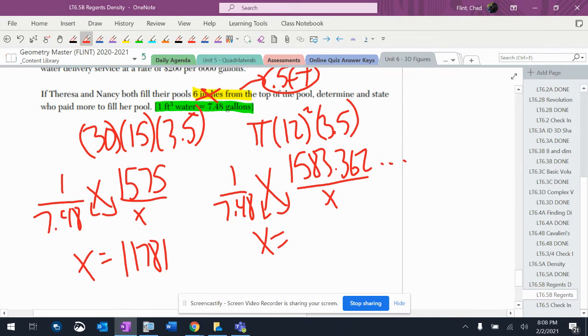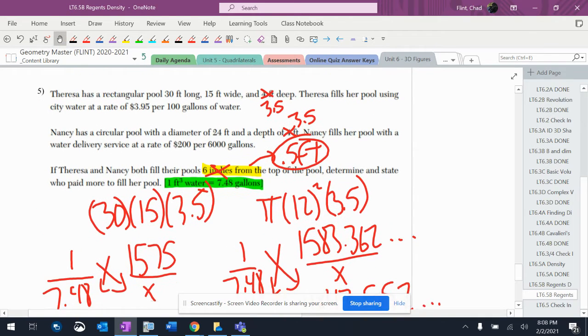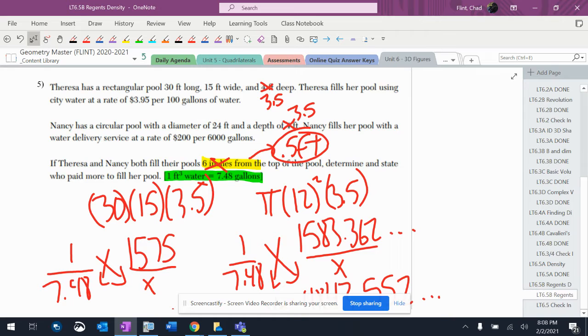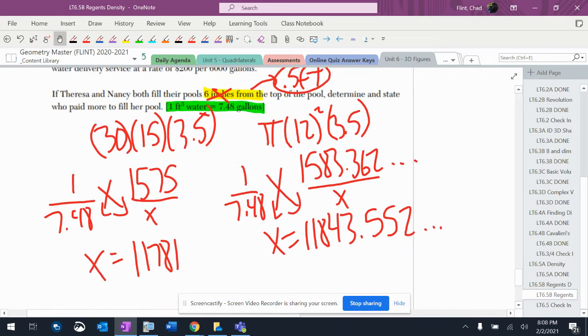So X equals 11,843.552. All right, now I'm going to back up here a second. Okay, so it just says who paid more to fill the pool.